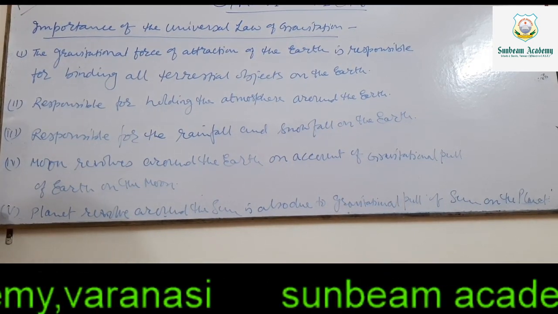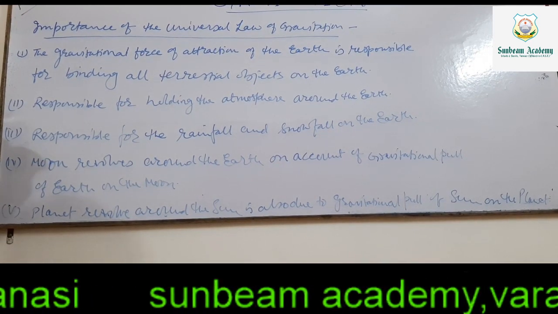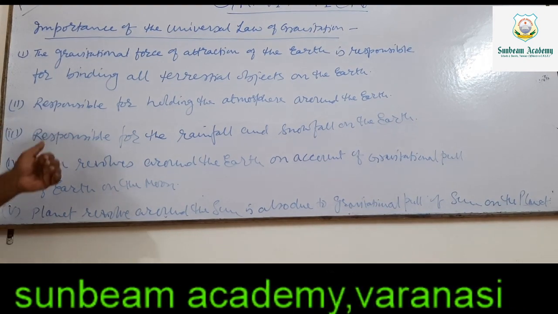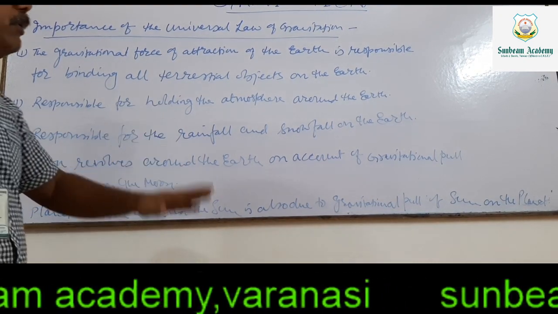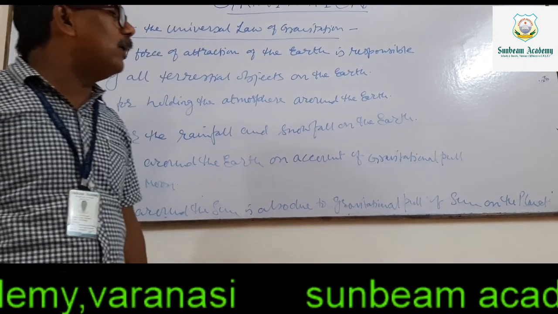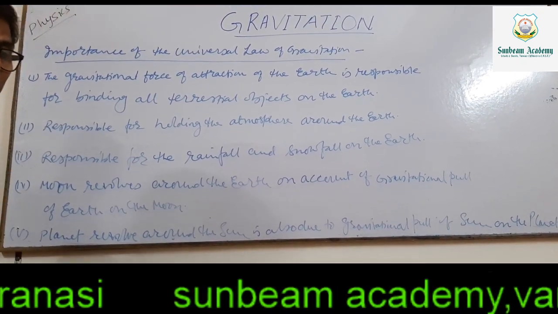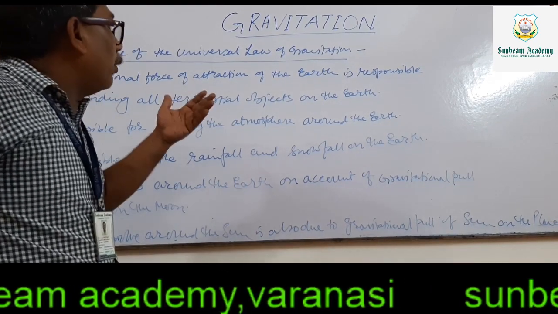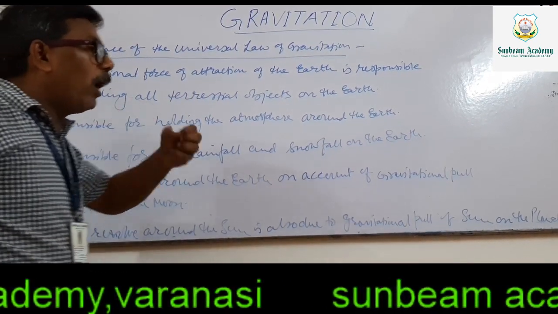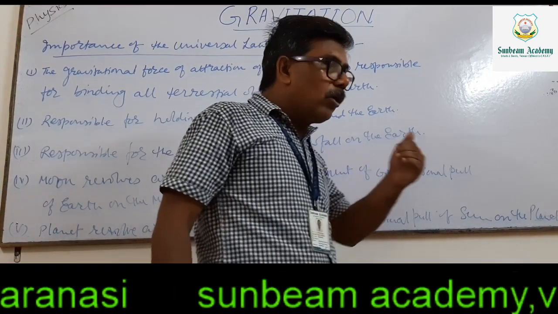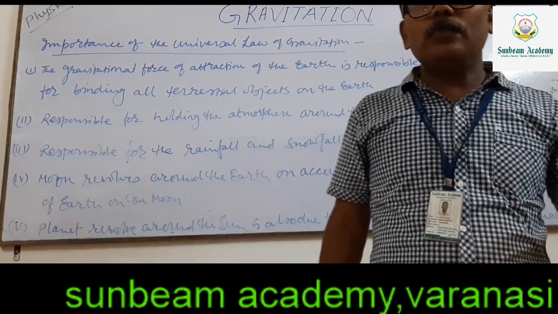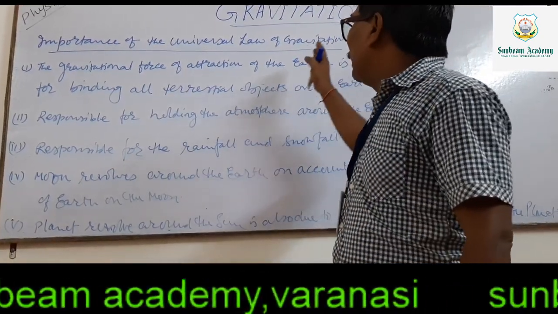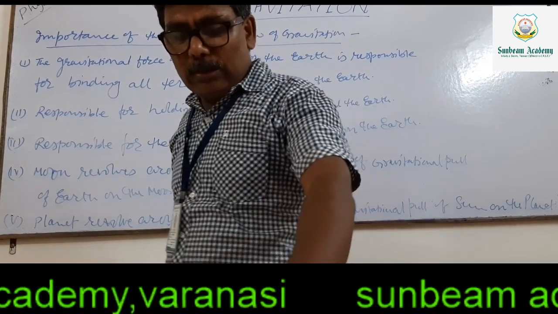Next, planets revolving around the sun is also due to the gravitational pull of the sun on the planets. Another important one is that the flowing of water in a river is also caused by this gravitational force.